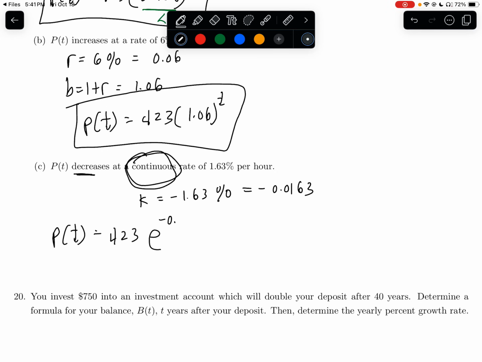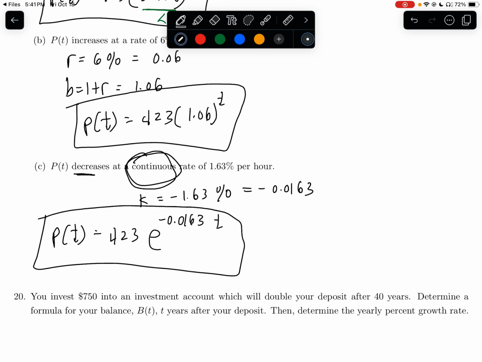negative 0.0163 t. You have to do this first. It is not necessary that you then convert, for this problem, because it doesn't say so, to something like a times b to the power of t.